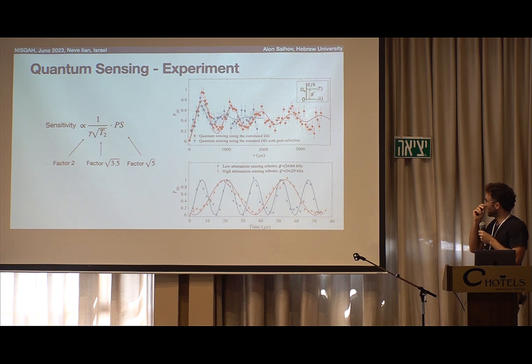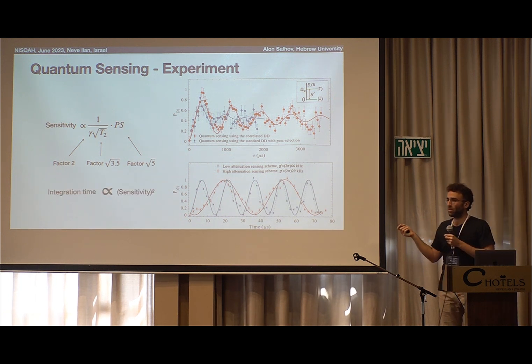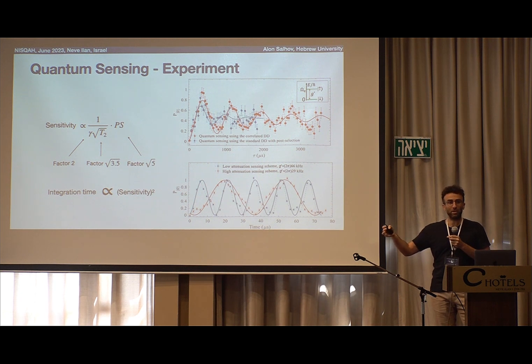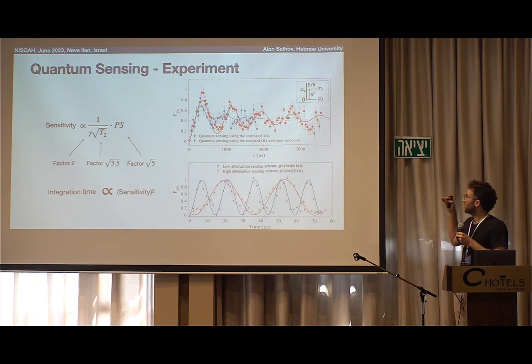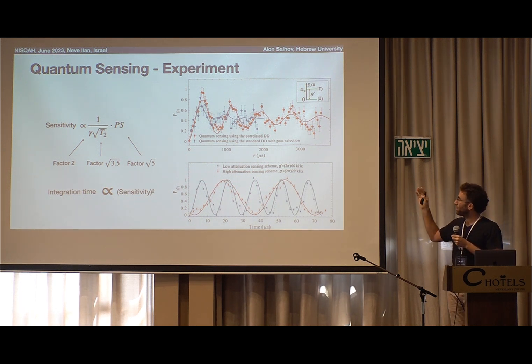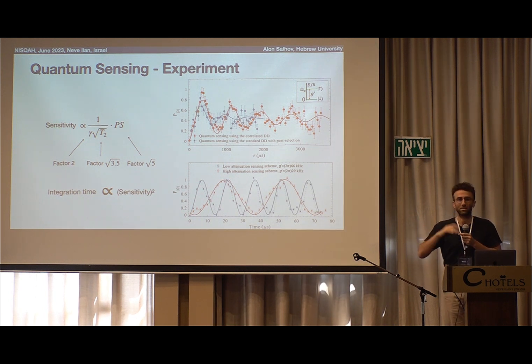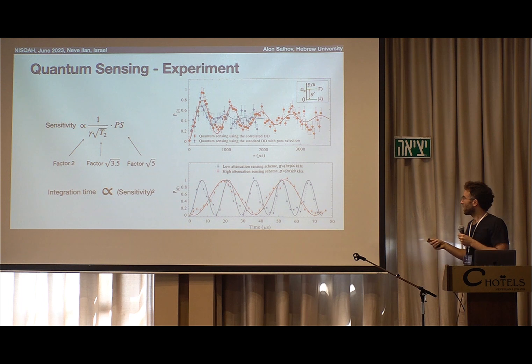Maybe to put the sensitivity figure of merit in some context that would be familiar to everyone: the integration time, the time we need to do the experiment for a given sensitivity, scales like the square of the sensitivity. So this means that with this method, compared to the standard method, we can do in one day what we would have done in 2 weeks of measurements, say.